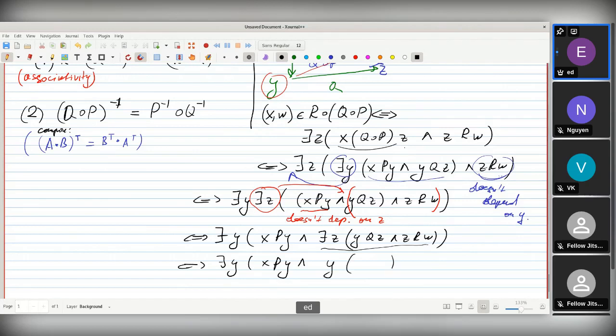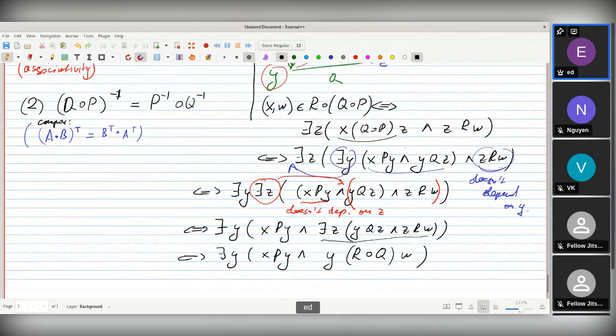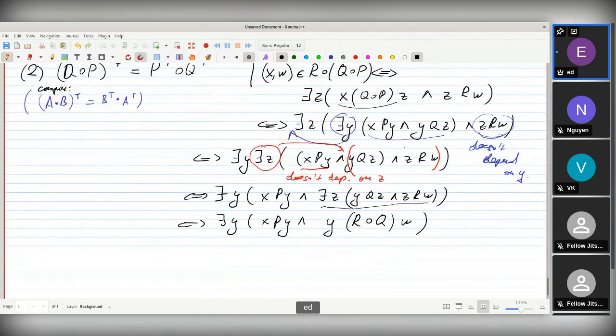That is, from y to w, you can move first YQ, then YR. And the final step is the following. So now X and W are connected with a two-arrow path.